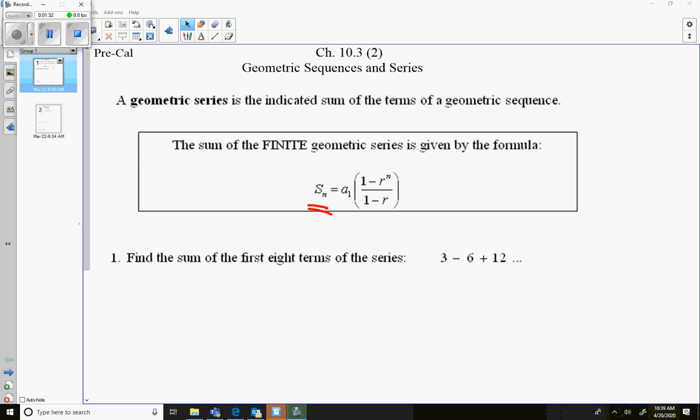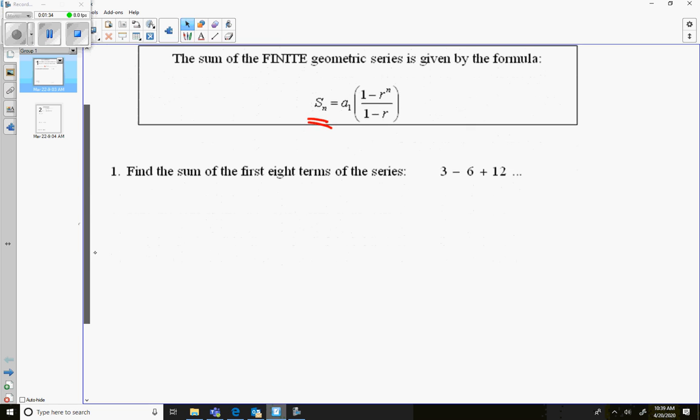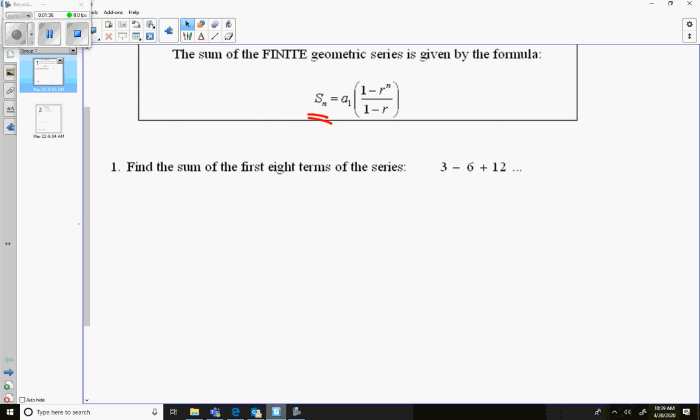So question number 1. Find the sum of the first 8 terms of this series. Well, you should recognize, for starters, that the first term in the sequence is 3. You should also recognize that the common ratio here is any term divided by the previous term.